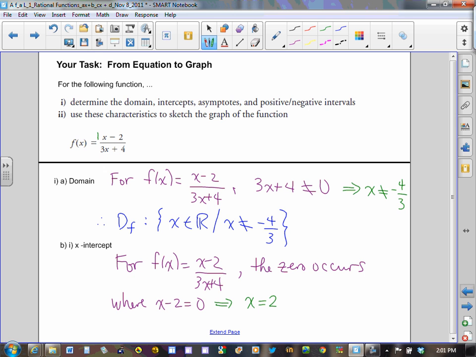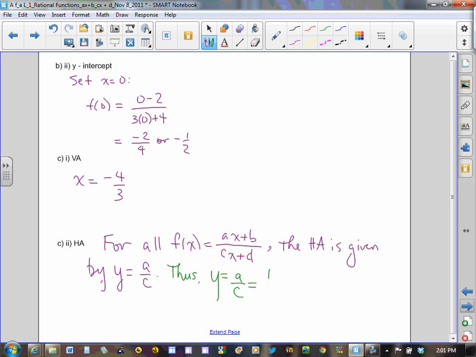We can see the a value is 1, so our HA will be 1/3.